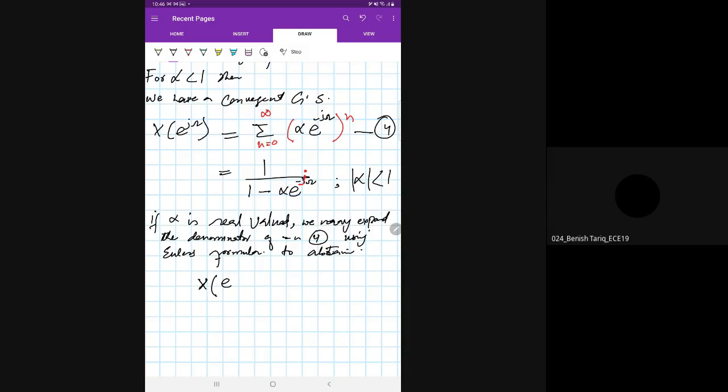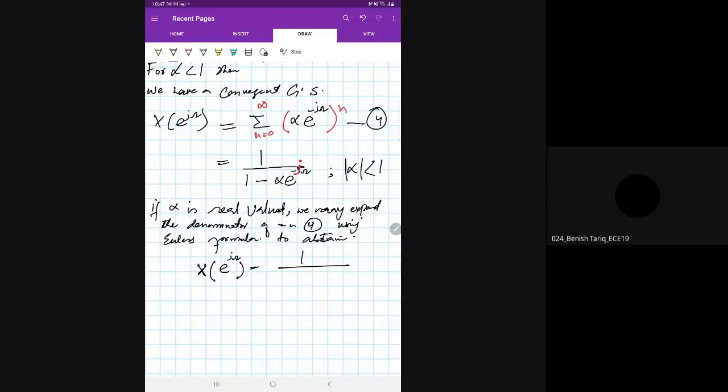So my discrete time Fourier transform X of e raised power j omega will now become 1 divided by 1 minus alpha times cos of theta plus j sin theta, since e raised power j theta is equal to cos of theta plus j sin theta. ठीक है.